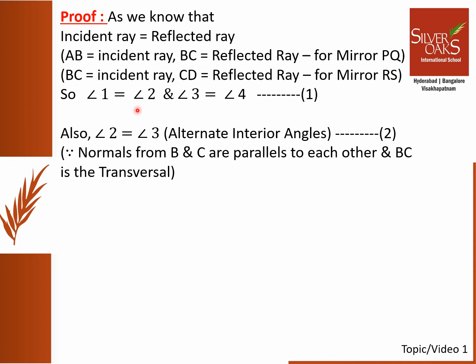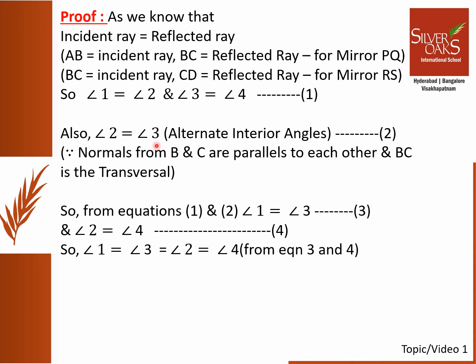Now, if you see that angle 2 and angle 3, these both are alternate angles. Why? Because the normals we have drawn are parallel to each other and BC is the transversal. So these two are alternate interior angles.